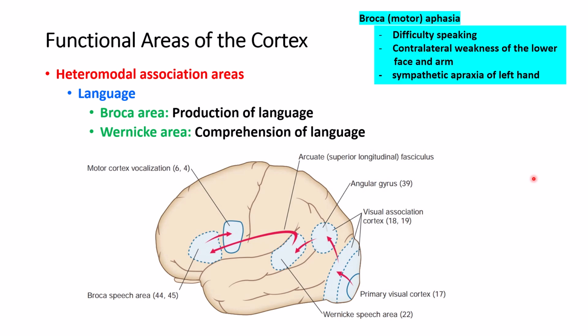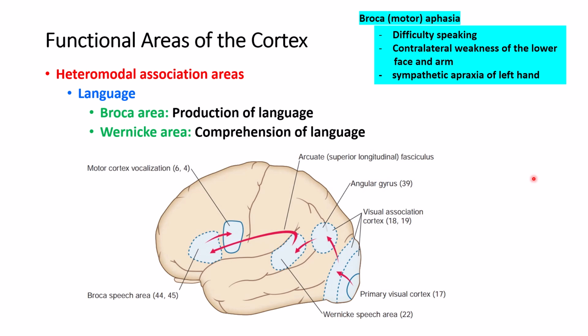In Broca's motor aphasia, Broca's area is in the frontal lobe, so it is motor. They have difficulty speaking; they will understand things, but they have difficulty saying things, and if they say something, it will be difficult for the other person to understand. They also have contralateral weakness of the lower face and arm, and sympathetic apraxia of the left hand.